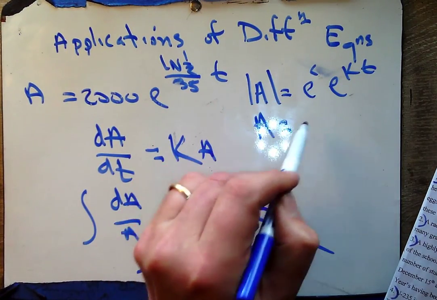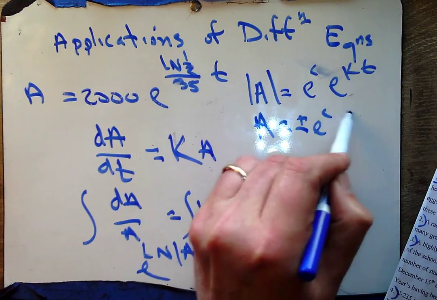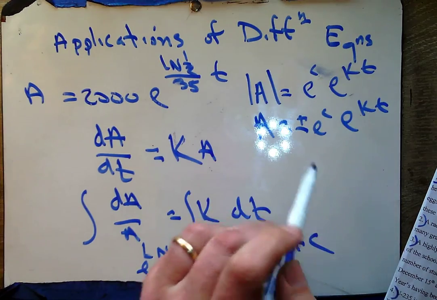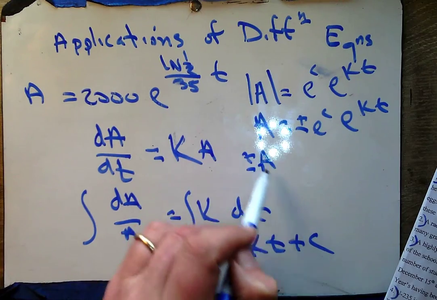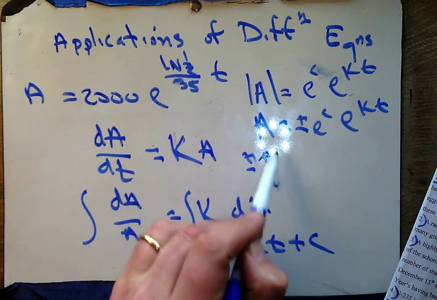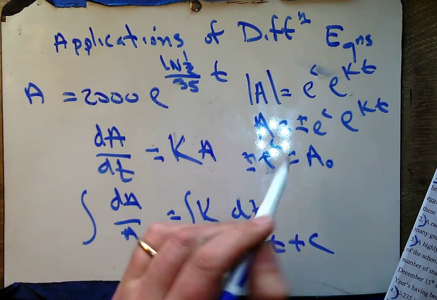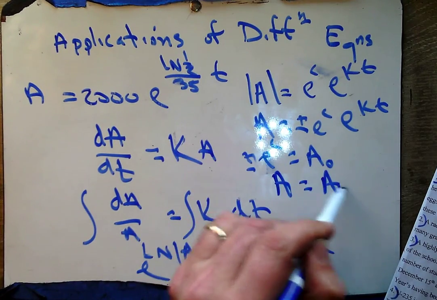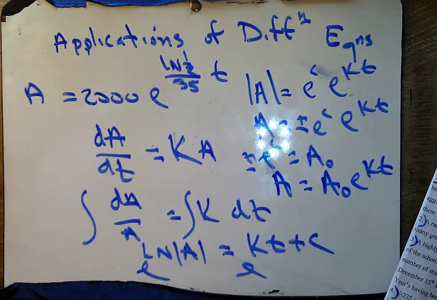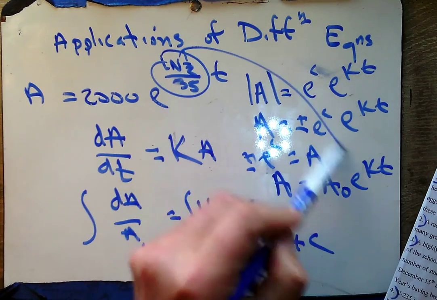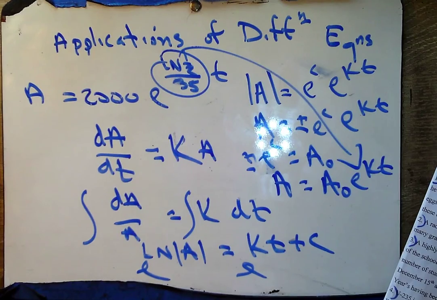So A equals plus or minus e to the C, e to the kt. And we can say plus or minus e to the C equals A sub 0. So I get A equals A sub 0 e to the kt. Well, that wasn't so bad. And now we plug our k in there. They didn't give me the rate.